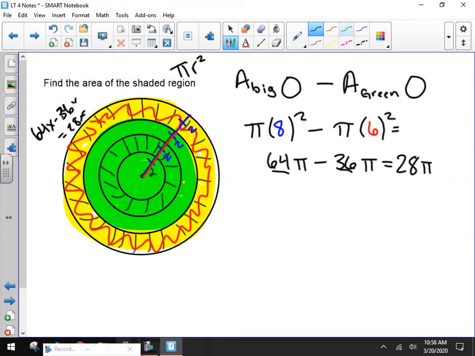All right, so the pi acts just like a variable. Now the only other ring I need to find is this blue ring right here. I've got to find all of that. All right, so that blue ring, let's see how this will work. That makes it black. Let's not do that.